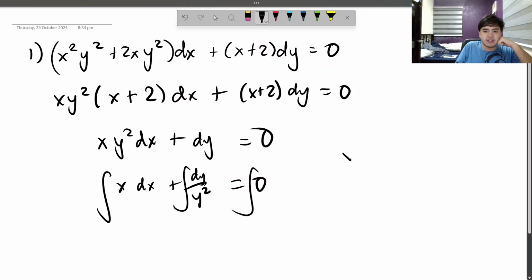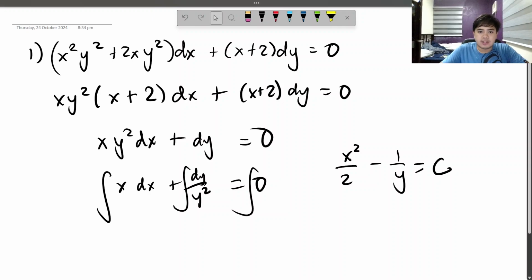Integral of x dx is x squared over 2. And then integral of dy over y squared is 1 over y. And that is equal to c, a constant. The integral of 0 is a constant.